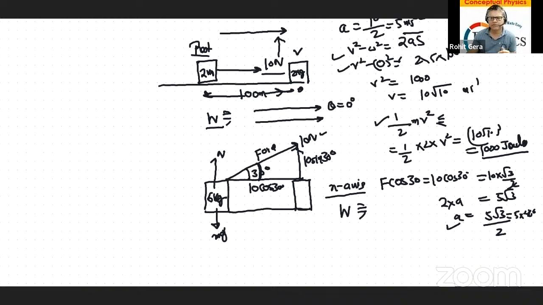So the energy gets transferred to a body. If this is a body, you transfer some energy to it. The only way to do that is to do work on it, which means a constant force being applied on it that gets converted into energy of the body.